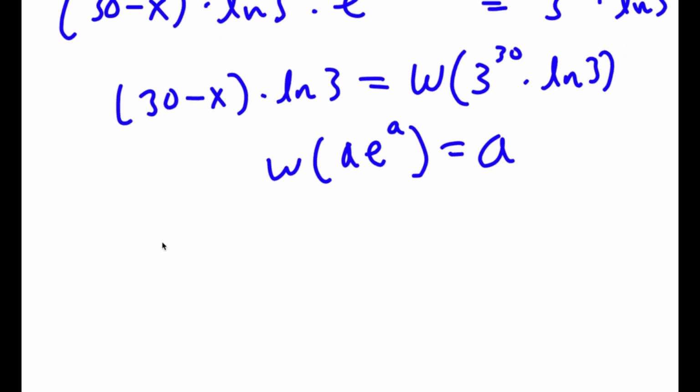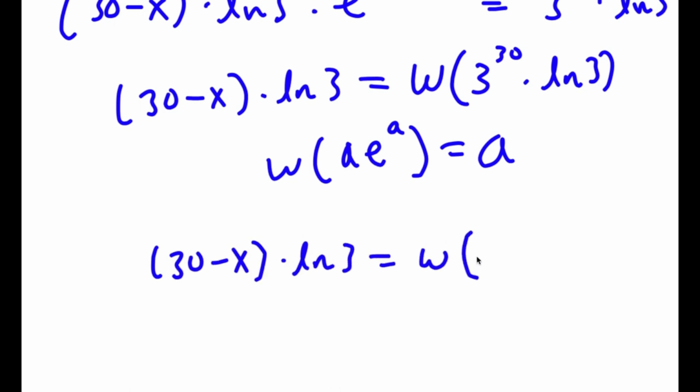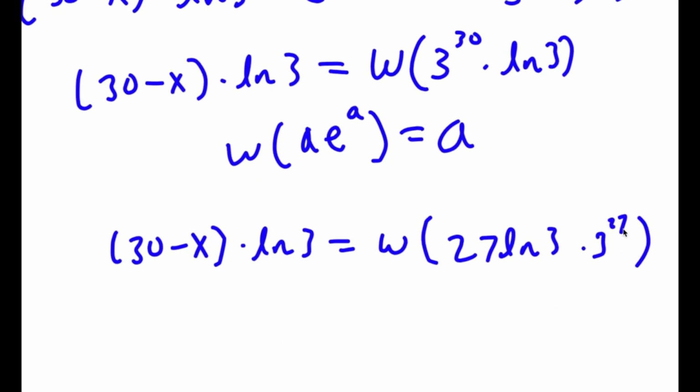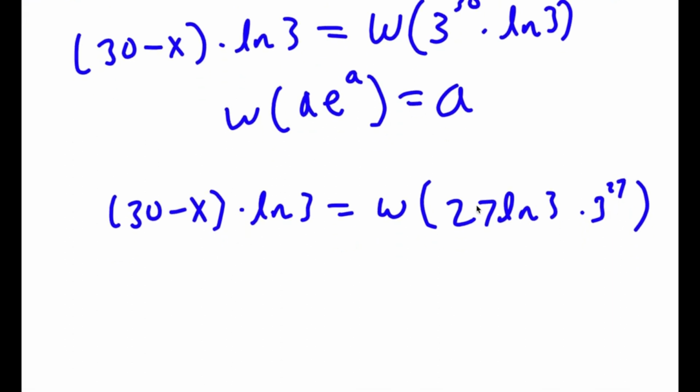So to do that, I'm going to change this to 30 minus x times ln 3 is equal to the W Lambert function of 27 ln 3 times 3 to the power of 27. So I simply just took off 3 to the power of 3 from 3 to the power of 27.